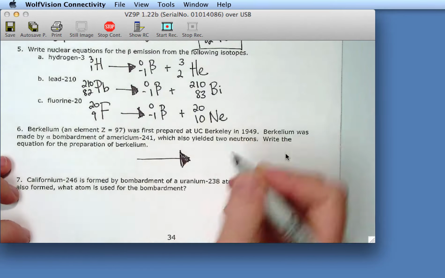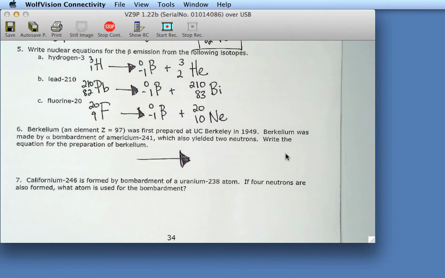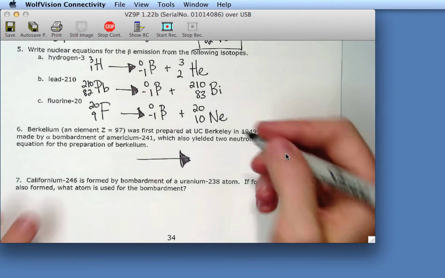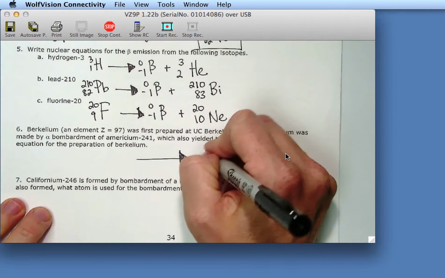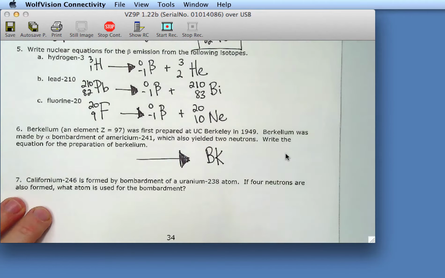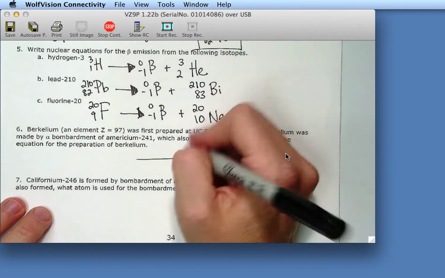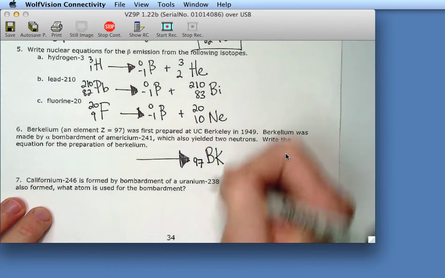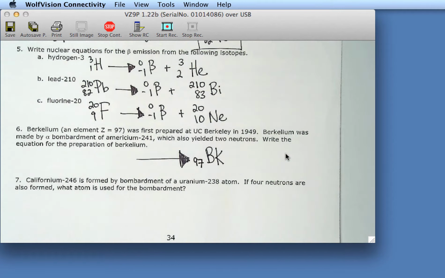So this is how to make berkelium. It might get flipped around when you're trying to write this. So berkelium is Bk, atomic number 97. It doesn't say what the mass number of berkelium is.